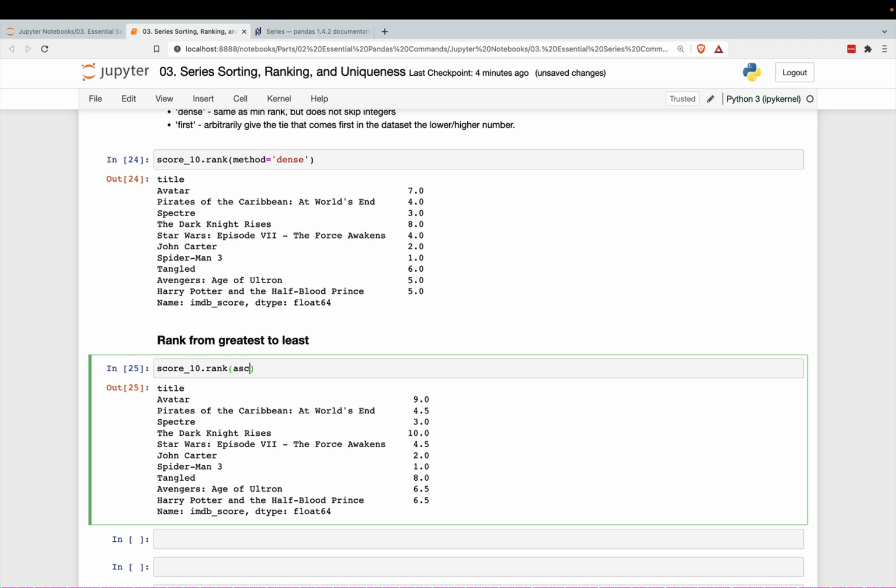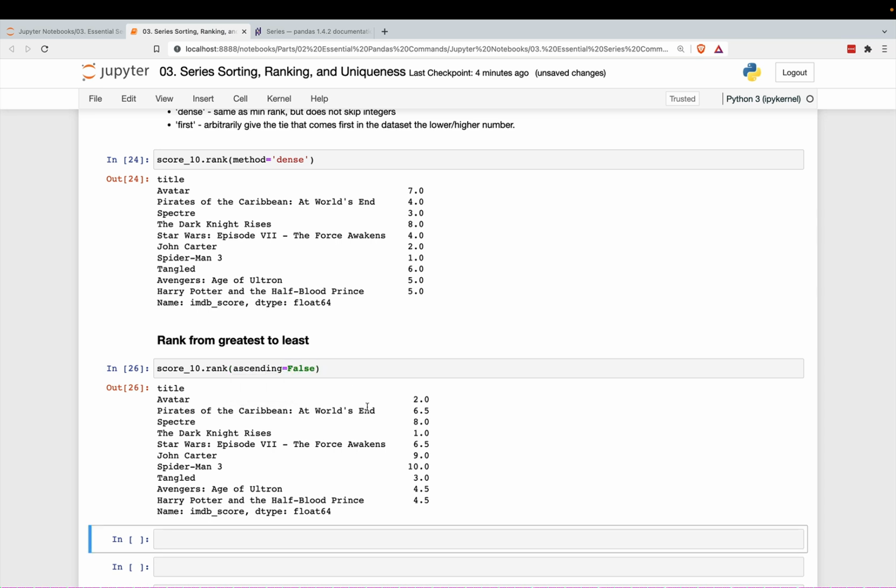Let's get rid of average, actually. What I meant to do is ascending=False. The default method is average ranking. So now The Dark Knight Rises, the highest ranked movie, is given rank number 1, Avatar 2, then Tangled 3, and then these 2 are tied at 4, so it uses the average ranking over here.